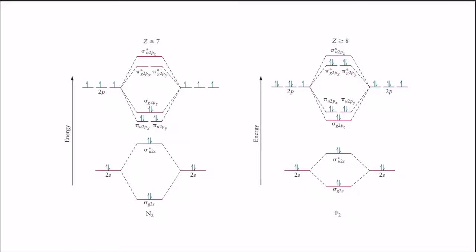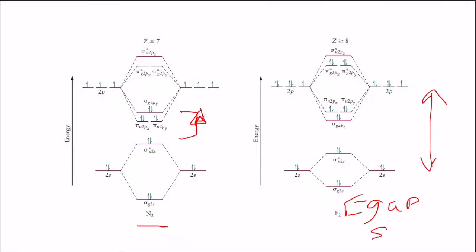And so now we understand why for nitrogen we have a greater interaction between these two orbitals, which causes the sigma g 2pz to move up, whereas in the case of fluorine, we know that this energy is much greater, and so because the energy gap between s and p is large, so these drawings are not to scale, but because the energy gap is very large, there is almost no interaction here.